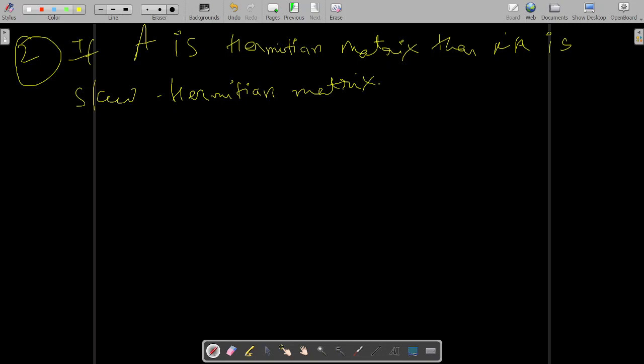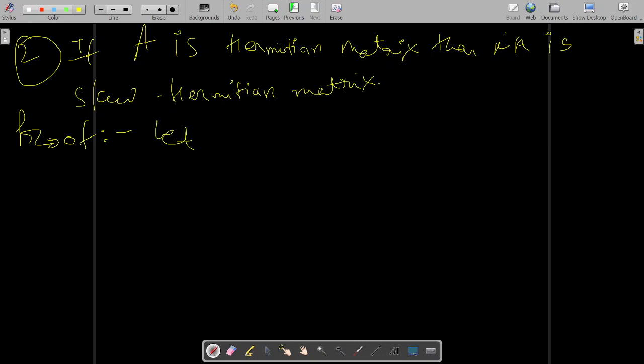So if A is Hermitian matrix, then iota A is your skew Hermitian matrix. Okay. So let's do the proof of this.